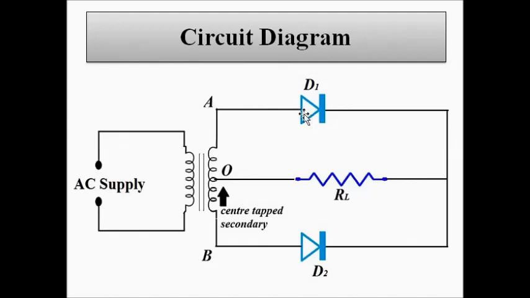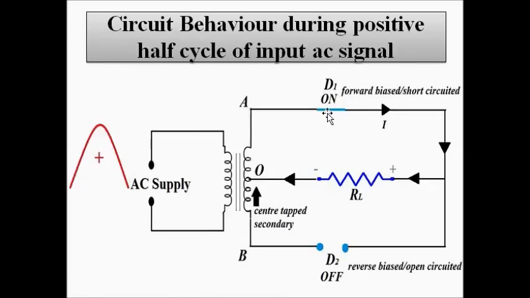In this case, the P-type end of D1 is connected to the positive terminal because A is positive, while the P-type end of D2 is connected to the negative terminal. When the P-type end is at a higher potential, the diode behaves as a forward biased diode and acts as a short circuit, and when the P-type end is at a lower potential, it behaves as a reverse biased diode and is open circuited.